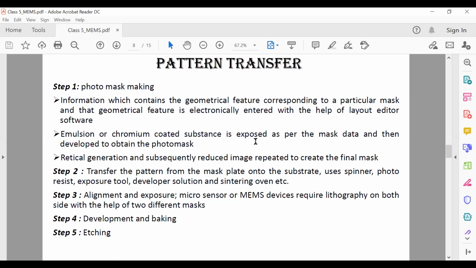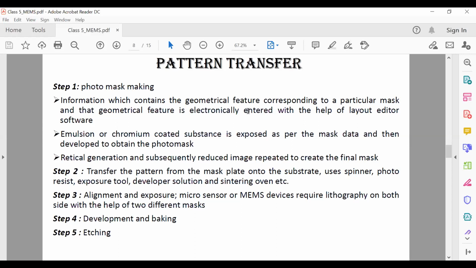So what are the steps in pattern transfer? The first step is the preparation of the photo mask. For that you need information containing the geometrical features corresponding to a particular mask, and that geometrical feature is electronically entered with the help of layout editor software.